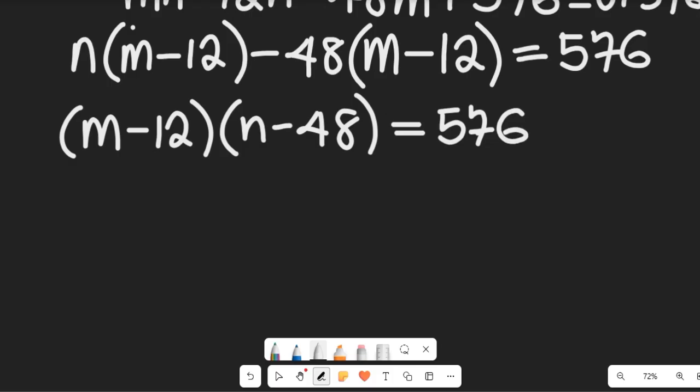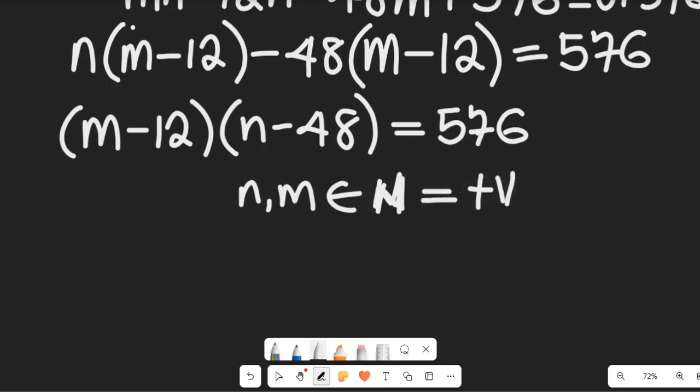So what do I do from here? Considering the two expressions given to us, from the conditions that are given to us, m minus 12 and n minus 48 must be positive numbers. And if they must be positive numbers, then the pair m, n, which are elements of natural numbers, must be positive integers.